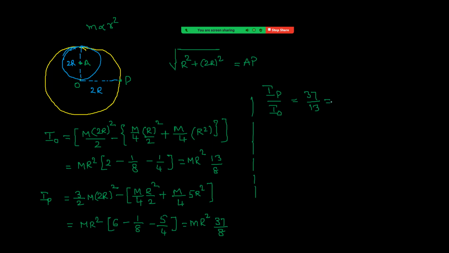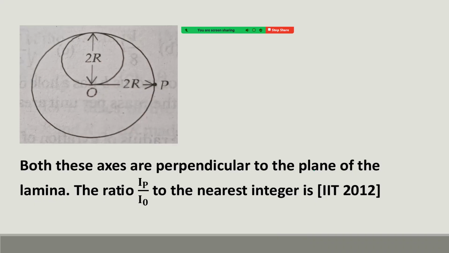Means this value will be 2 point something, that is closer to 3. Because it is asking for the nearest integer, right? So that value will be approximately 3. Okay, that is our answer. That means the previous question and this question both are the same, right?